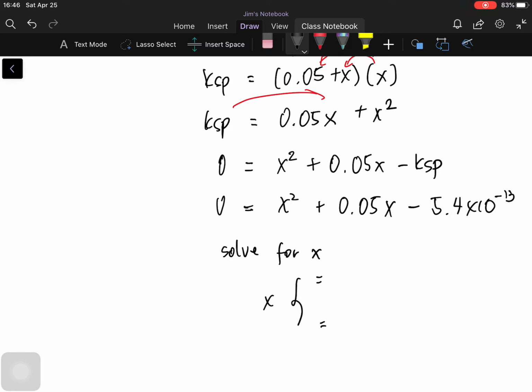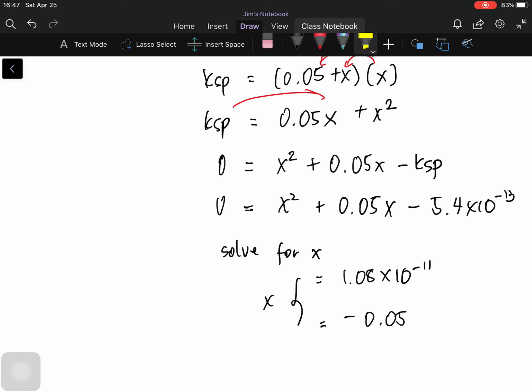The first root I have here is 1.08 times 10 raised to negative 11. The second root is negative 0.05. Of the two roots I solved, which is the correct answer?